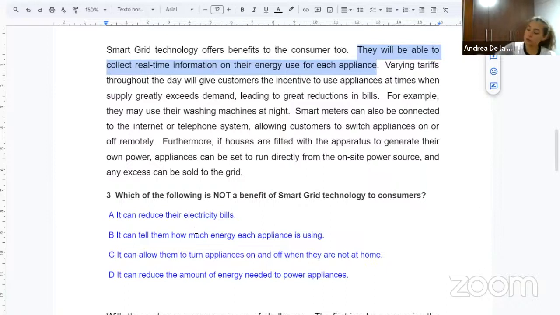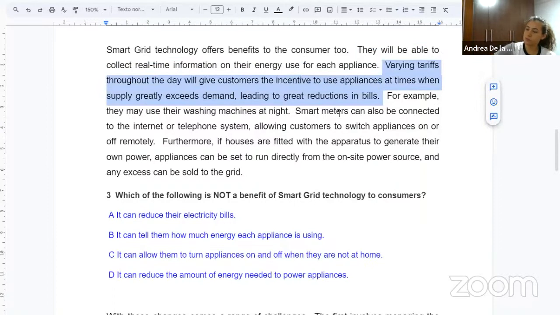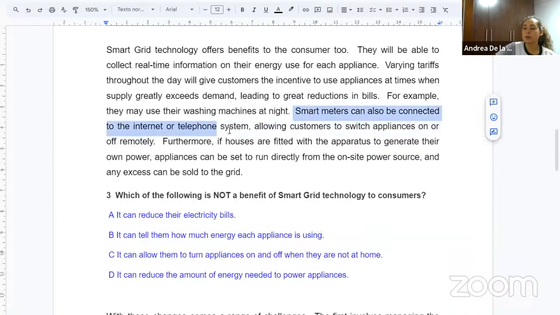Do we have that option? Yes, it's the same as reduce their electricity bills. Exactly. And finally, well, this is an example. We don't have to read it. It says smart meters can also be connected to the internet or telephone system, allowing customers to switch appliances on and off remotely. Do we have that option?